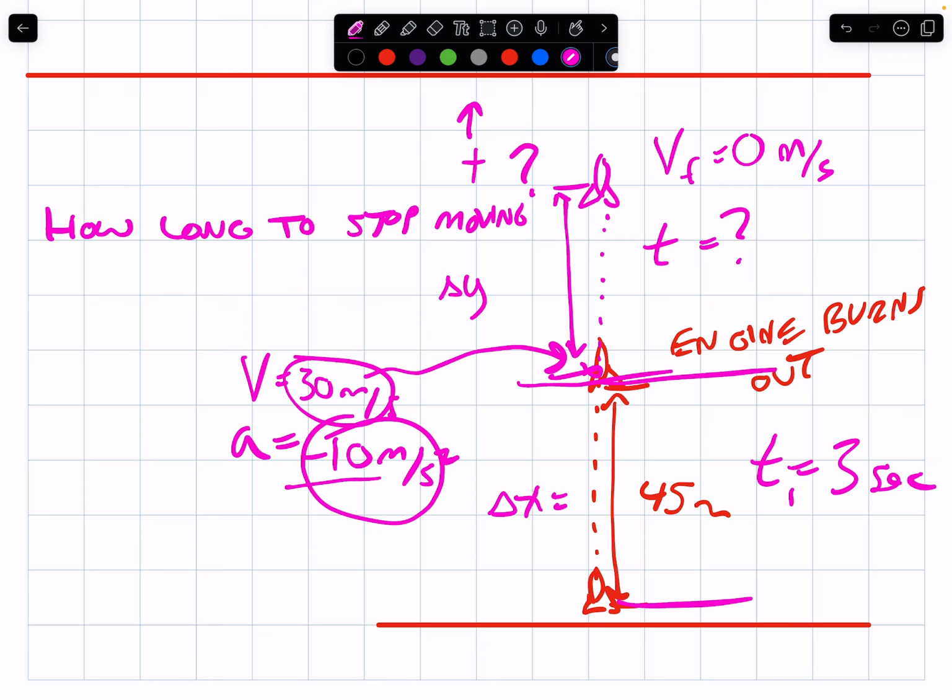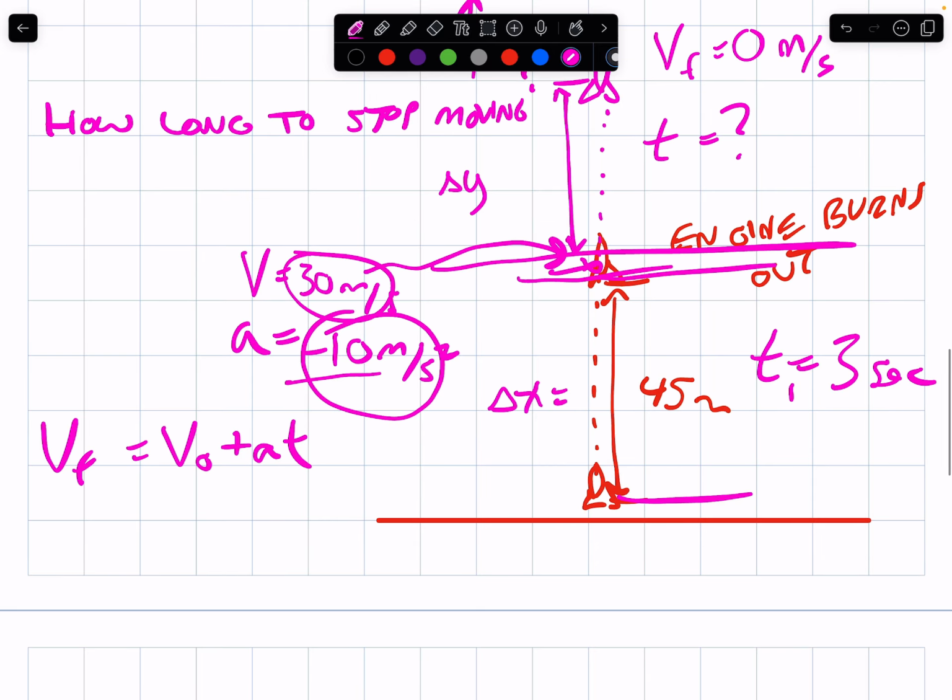Or if you like, we could do this using these equations. How about this one? V final is equal to V naught plus at. Remember, we're looking at this portion of the problem up here after the engine burns out. So the velocity way up here is 0. And the initial speed of the rocket when the engine burns out is 30 meters per second. And the acceleration is minus 10 times t.